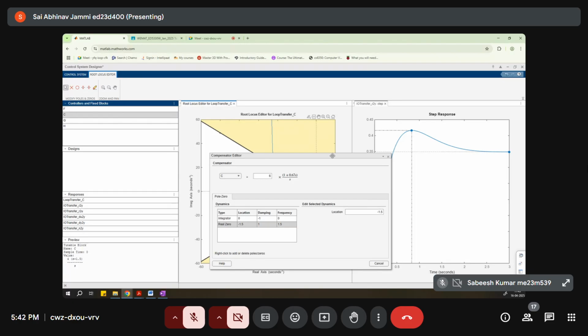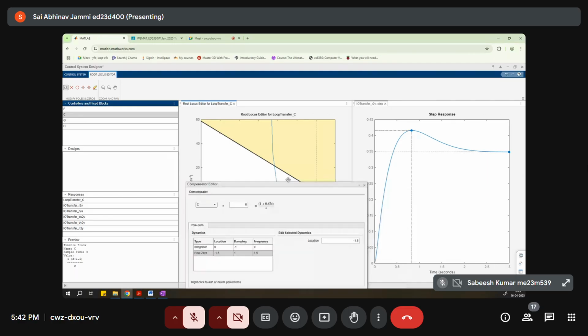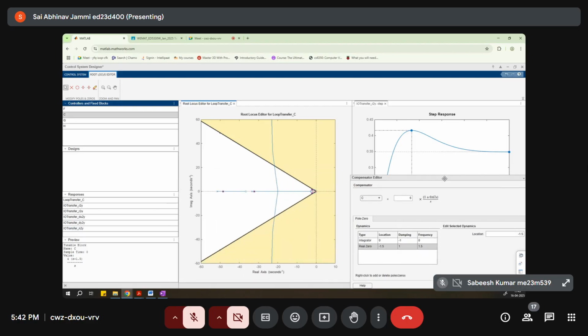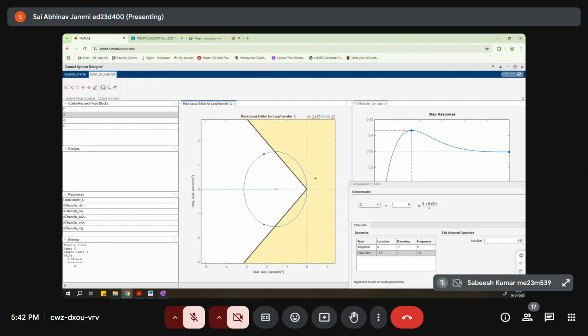If I see here, now my peak overshoot is 19%, and my steady state error is 0.349. All my poles are within the white region, right? So now I can freeze this.